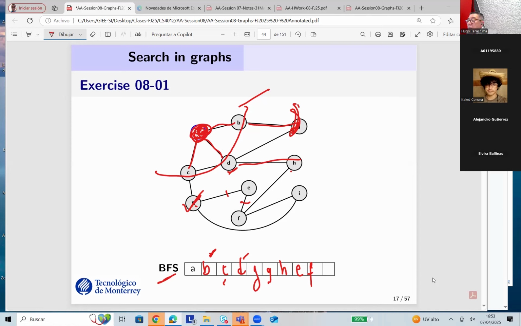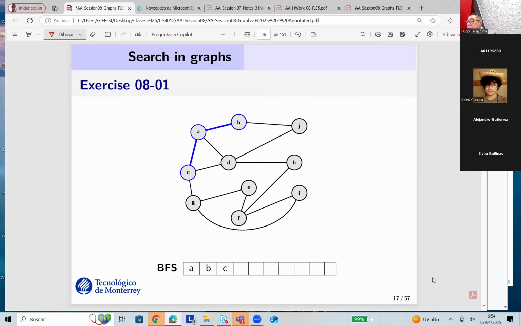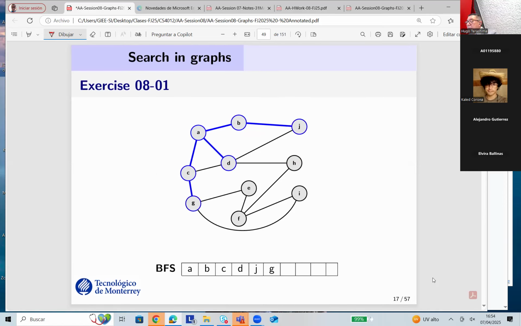And then E is to F already, and to G. So the last one is going to be I. B, C, D, J, G, H, A, E, I. Oh, I made a mistake or what?